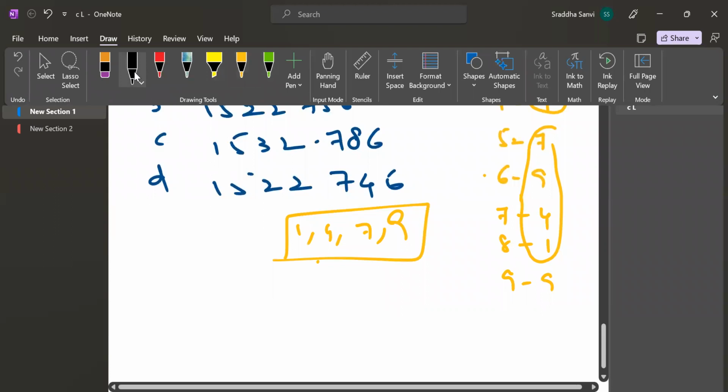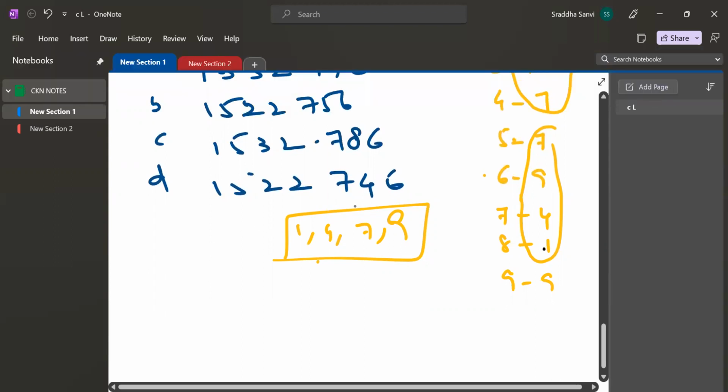Is it clear? I'll repeat again. If a number is a perfect square, the digital sum of the number has to be 1, 4, 7, or 9. It cannot be any other number. The same numbers are repeating every time.